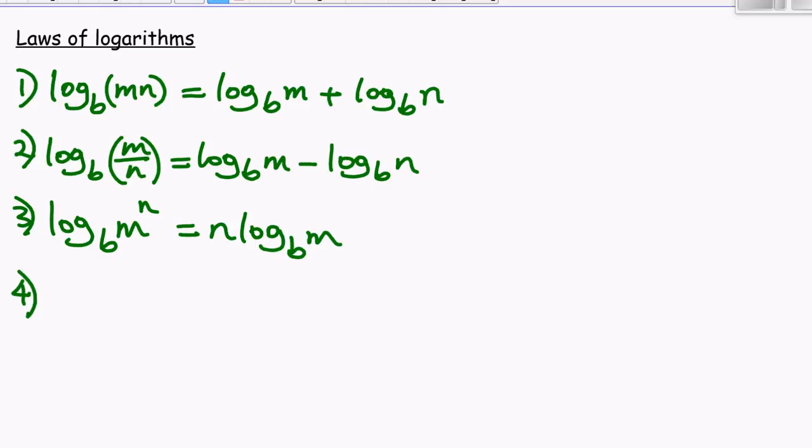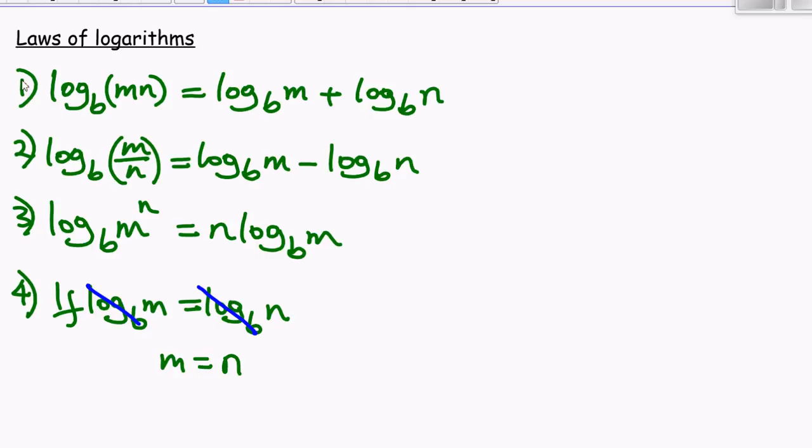Number 4, if log to base b of m is equal to log to base b of n, so you can cancel this if they have the same base to end up with m is equal to n. And we'll apply that later on and we'll see how that works.